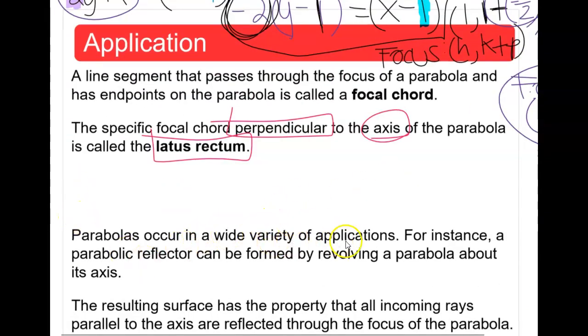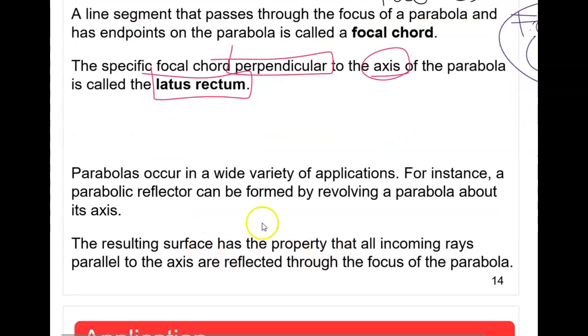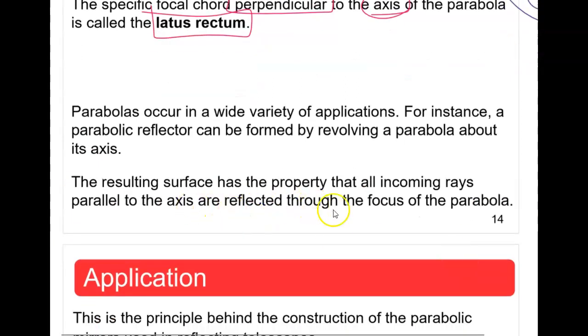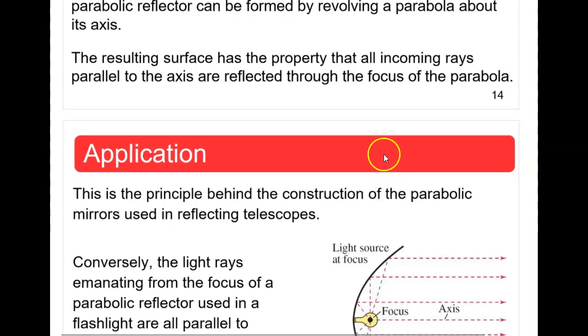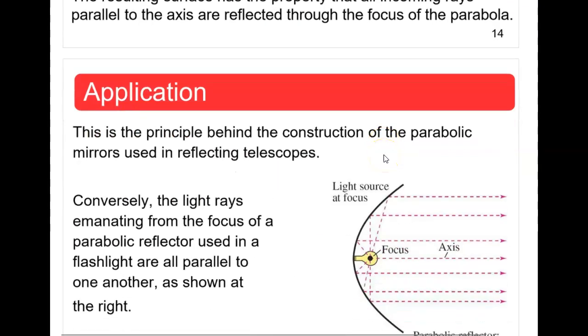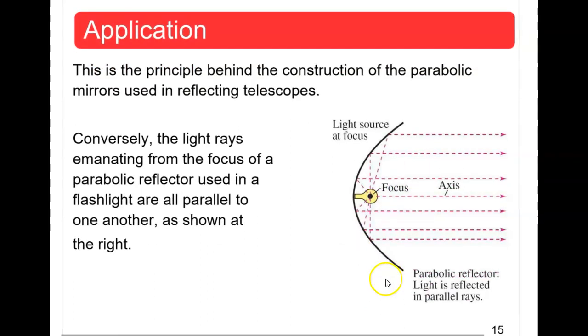Parabolas occur in a wide variety of applications. For instance, a parabolic reflector can be formed by revolving a parabola about its axis, and the resulting surface has the property that all incoming rays parallel to the axis are reflected through the focus of a parabola. So, for example, in Cal 2, you will learn about what will happen if you were to rotate a line.